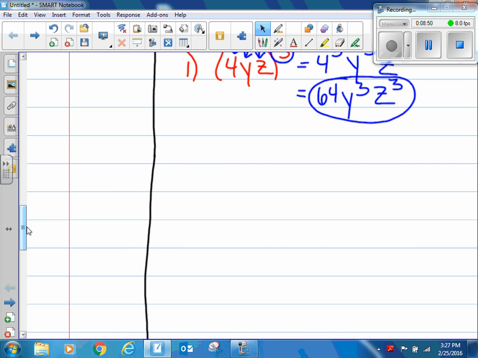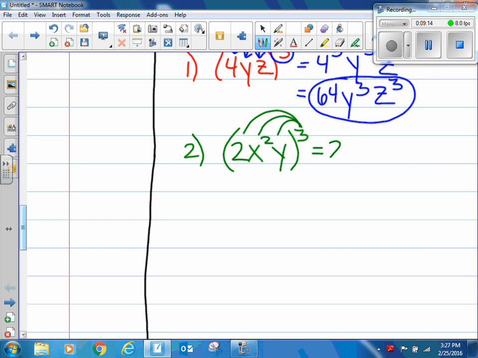Let's say that I had 2x squared y, and I was raising this to the 3rd. Let's look at how that's a little bit different. Again, I am going to bring this 3 inside to all 3 of those factors.